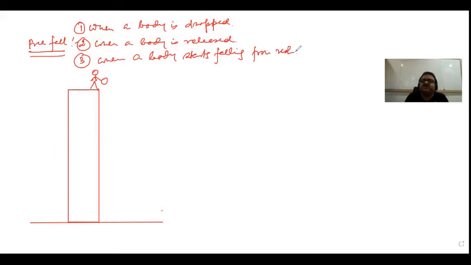So these are the questions related to free fall, correct? In free fall, you have to always maintain one thing: the initial velocity is considered to be 0.